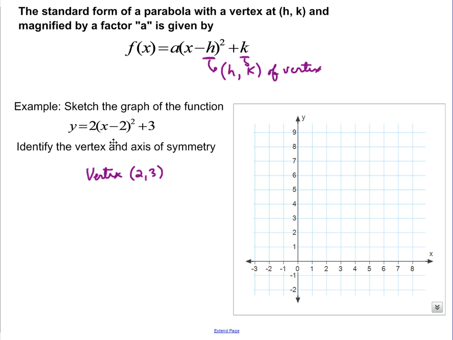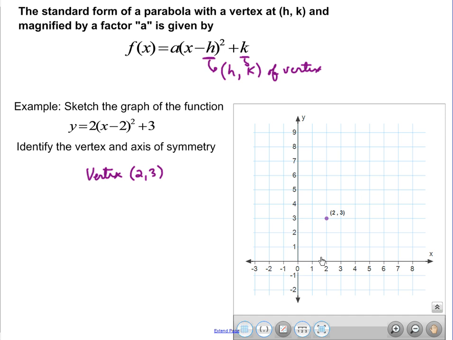Notice that it's not negative 2, it's x minus 2, because if you put in x equals positive 2, we get 0 for the x term, and we get 3 for the y value. So on our graph, at the coordinate point (2, 3), we would have our vertex.